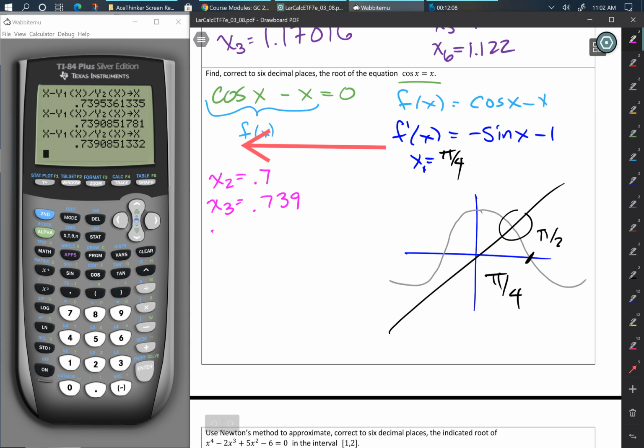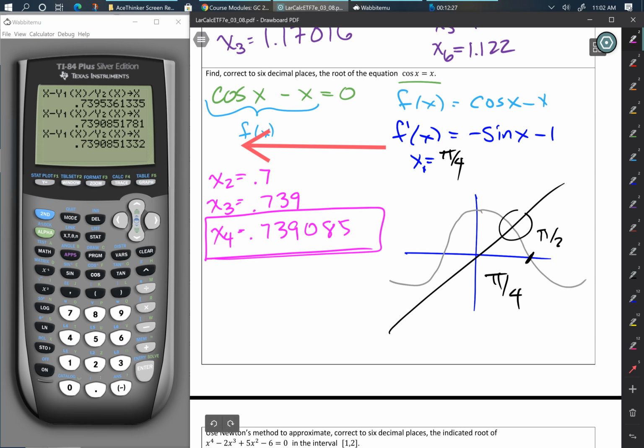X sub 4 is 0.7390851. That's 6 decimal places of accuracy, and I'm done. So I found the accuracy I needed in 4 iterations, the 4th iteration.